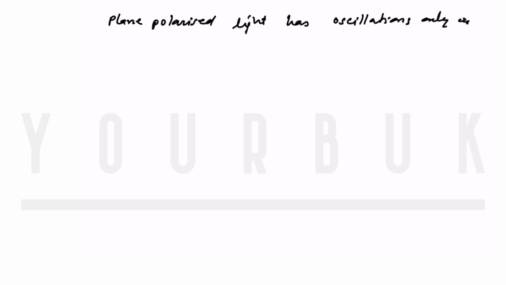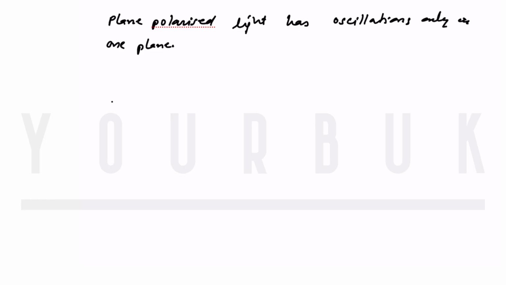And plane polarized light has vibrations, oscillations, components only in one plane. And we convert the ordinary light into plane polarized light by using a filter which is called a polarizer.